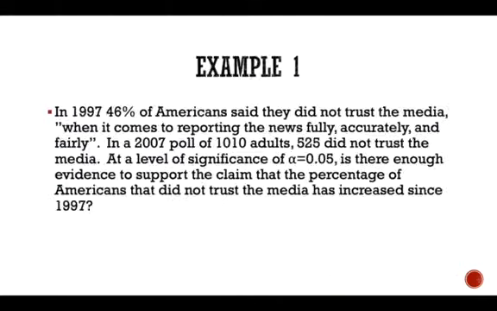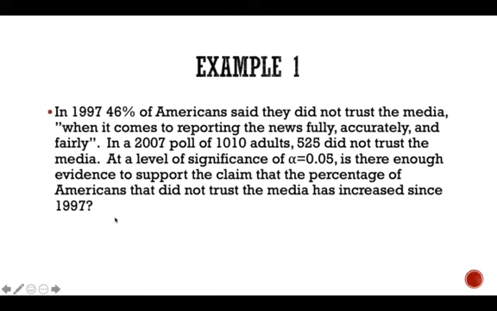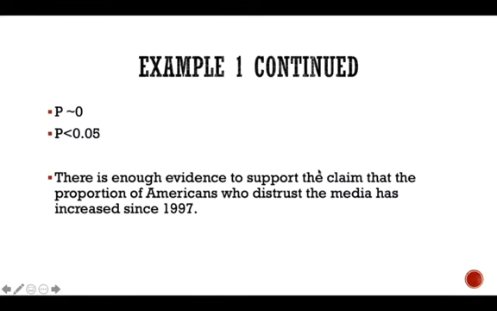Well, what does p tell me? If p is less than alpha, we reject. Otherwise, we fail to reject. What is my alpha value? My level of significance was 0.05. P is less than alpha, which means that we have enough evidence to reject the null hypothesis.